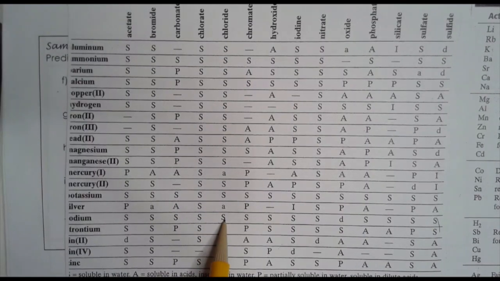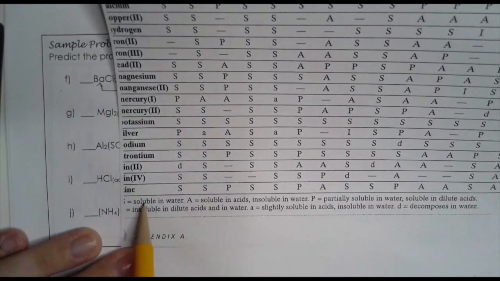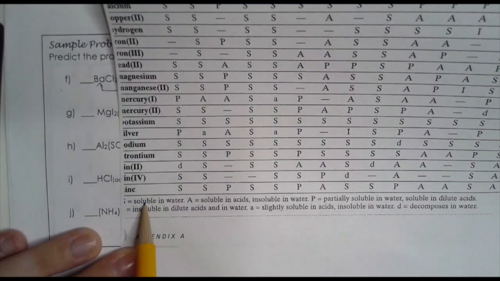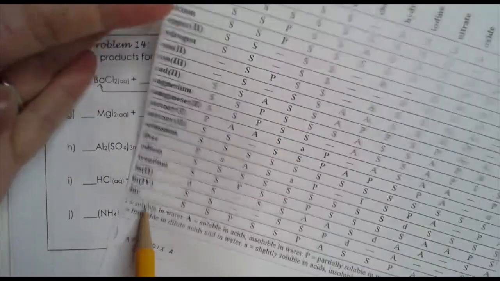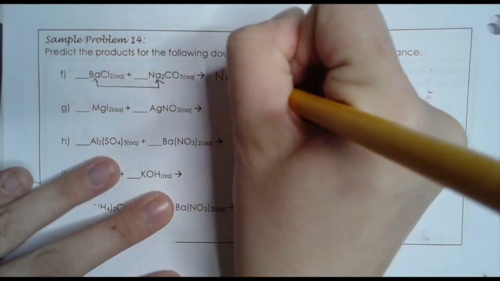In the note section, I mentioned that S does not stand for solid, but S stands for soluble in water. And soluble means that it dissolves. So NaCl would be aqueous in solution, it dissolves in water.